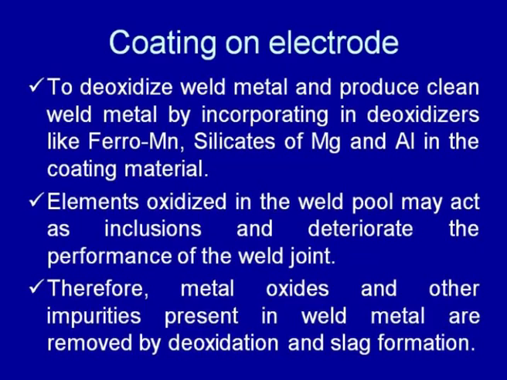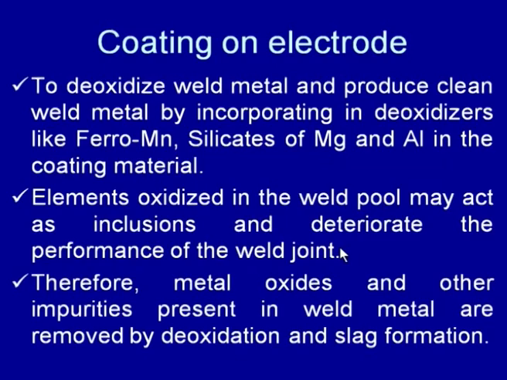Another role performed by the coating material is to deoxidize the weld metal and produce clean weld metal by incorporating deoxidizers like ferromanganese and ferrosilicon; deoxidizers like aluminum are also added in the coating material.